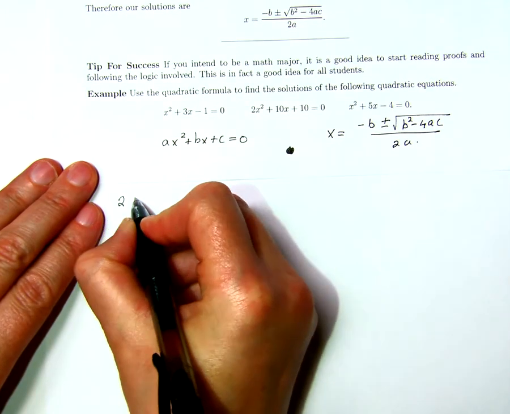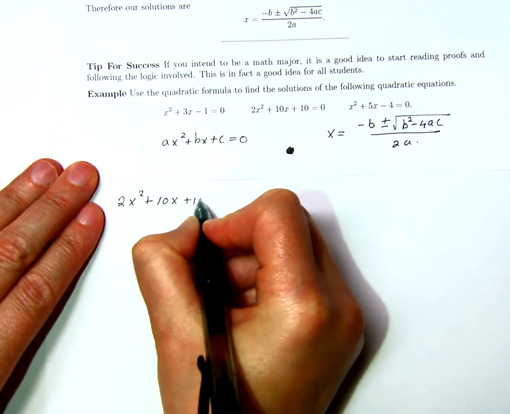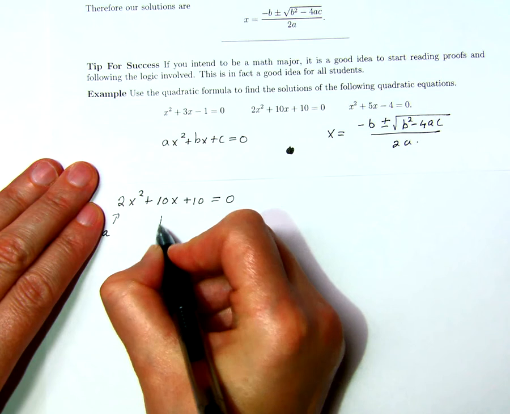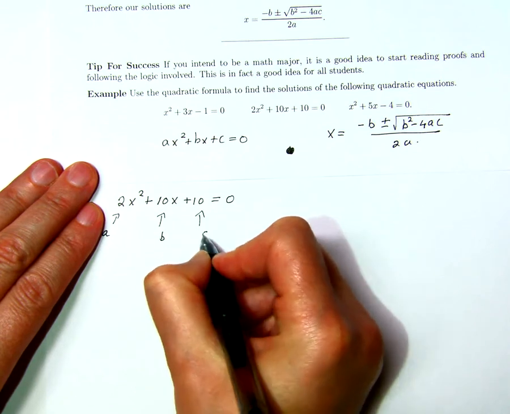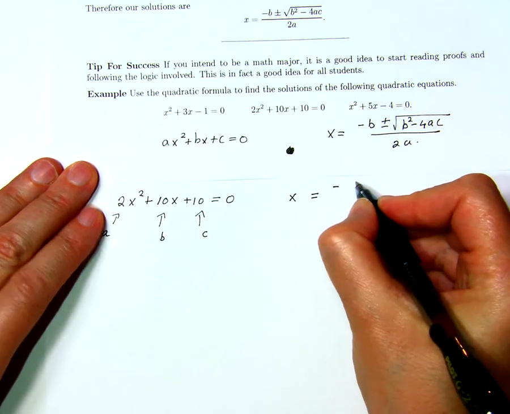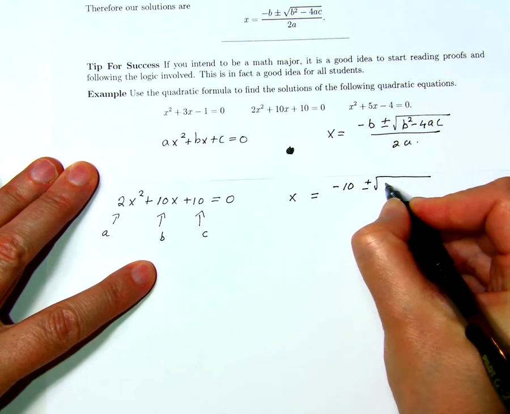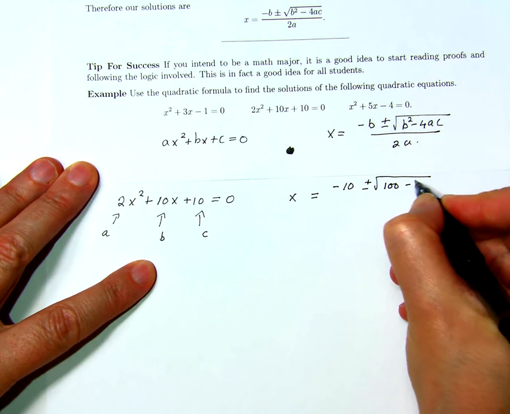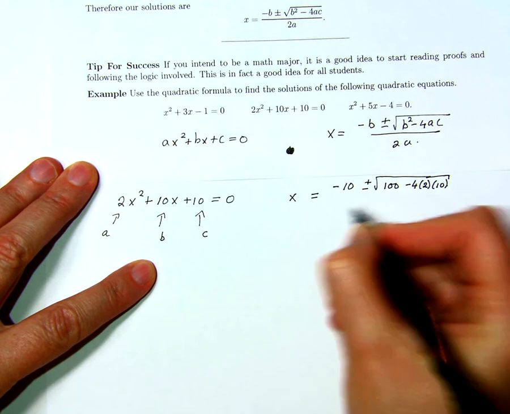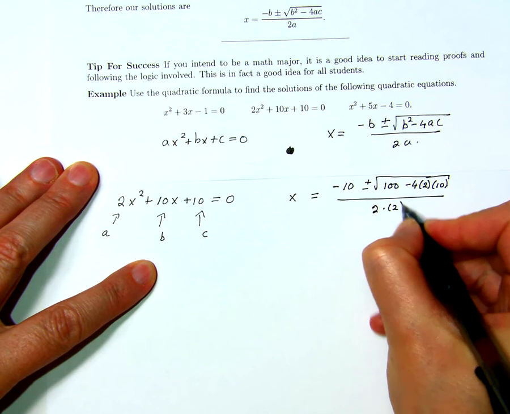Okay, we're going to use the quadratic formula to solve 2x squared plus 10x plus 10 equals 0. Here I have a is 2, b is 10, and c is 10. And the formula says that the solutions are x equals minus b, which is minus 10, plus or minus the square root of b squared, which is 100, minus 4 by a, which is 2, by c, which is 10, all over 2 times a, which is 2 times 2.